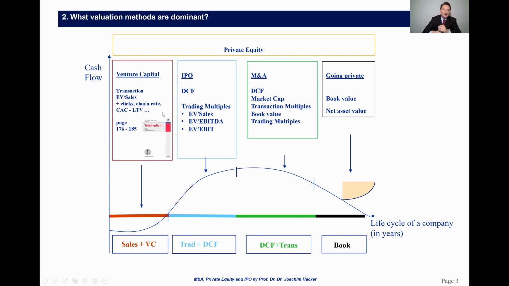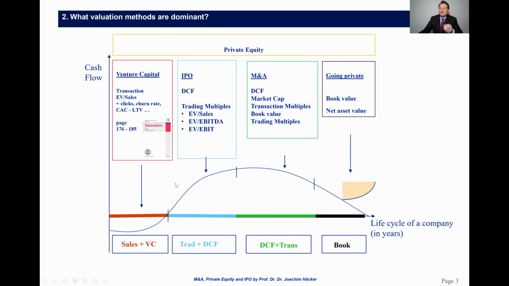This is pointed out by the churn rate. Furthermore, the customer acquisition cost and the long-term value. And the ratio here tells me clearly what part of phase one I'm in.